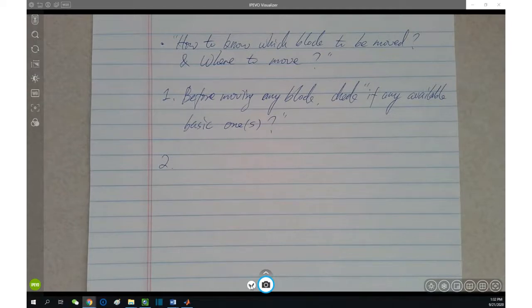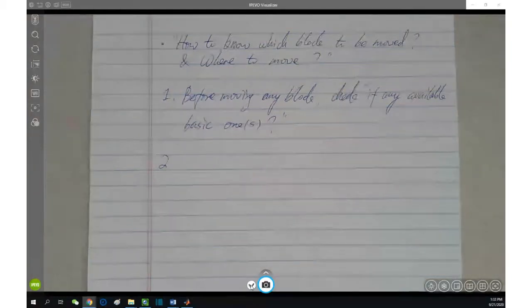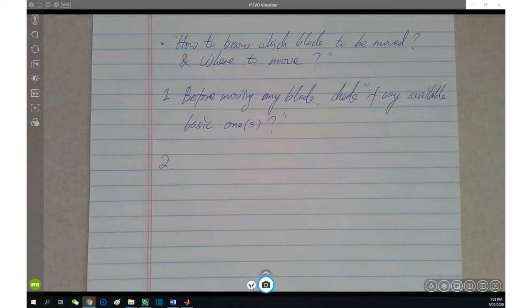Does it make sense? Before moving anything, don't hurry. Look through the given system. Maybe it's very nice, and you can see at least one available, clear basic configuration, and then do the combination there.